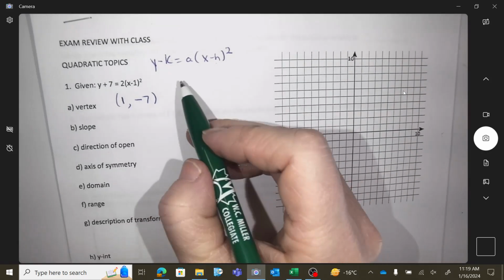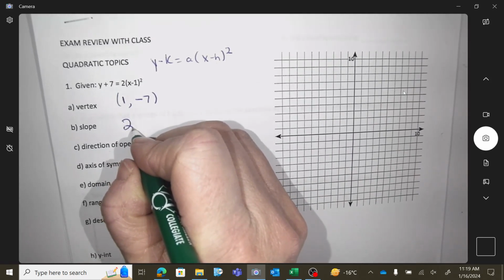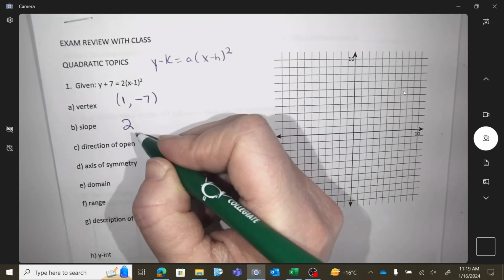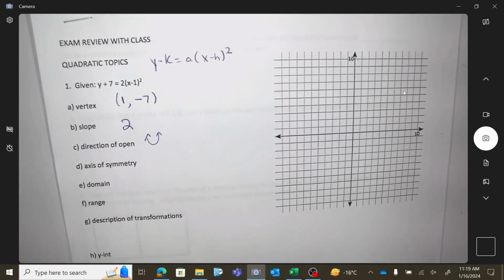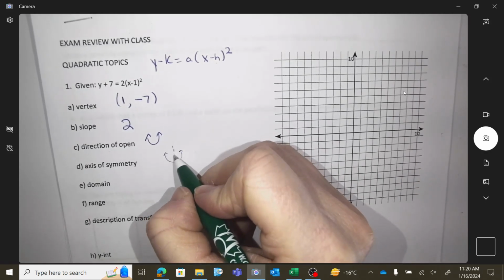The slope is the a multiplier, so the slope is 2. And because the slope is positive 2, it would open upwards.